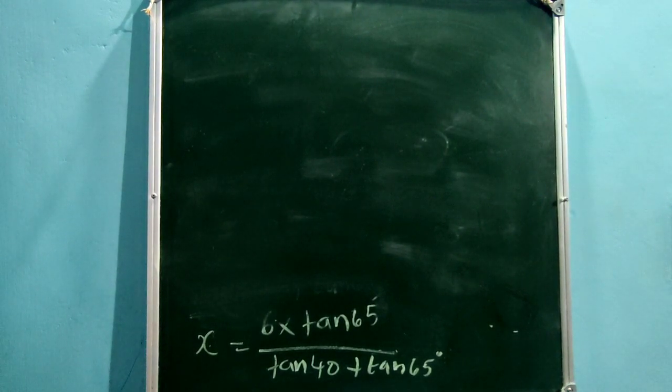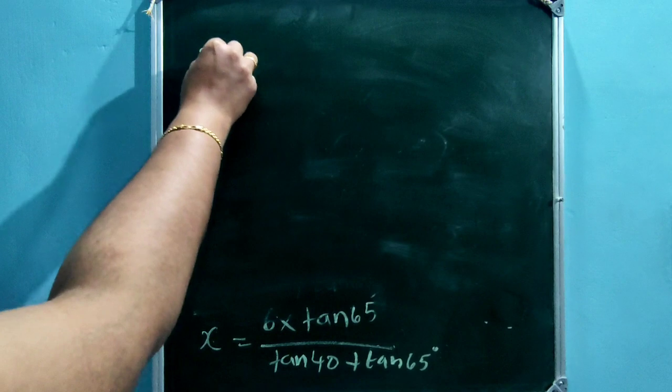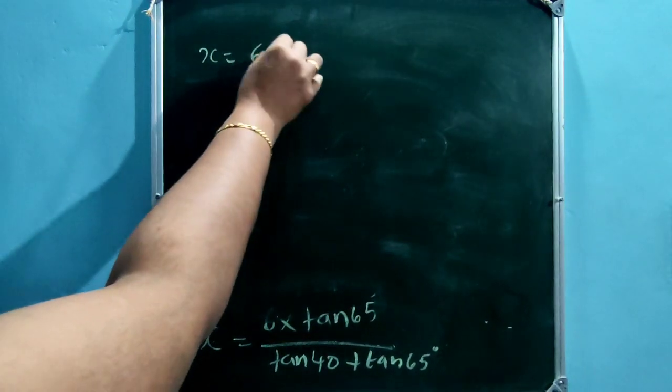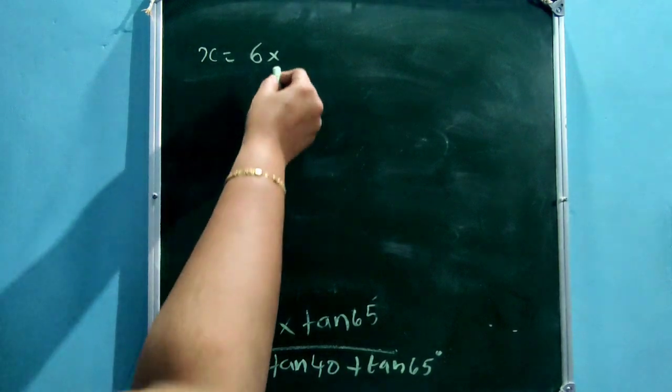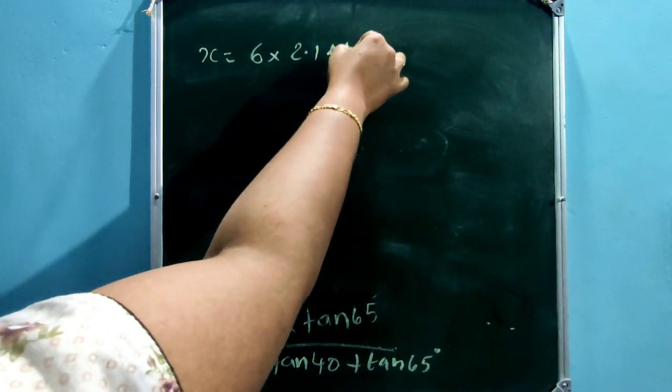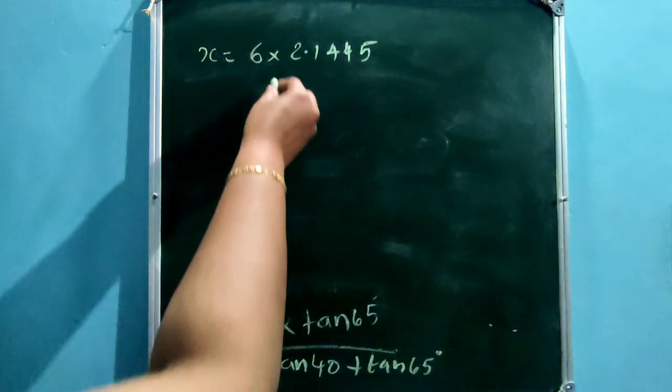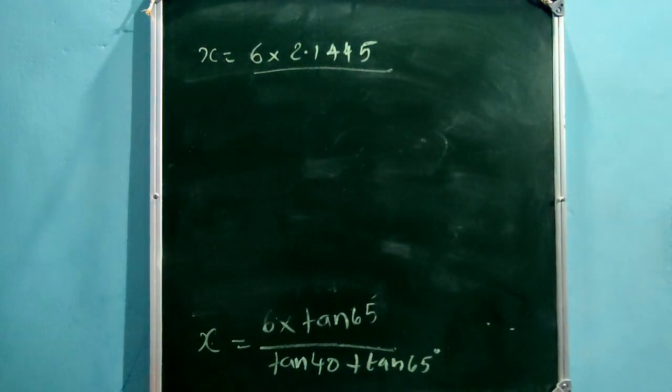So tan 65 is equal to 2.1445. So we have x is equal to 6 into 2.1445 divided by, what is tan 40?